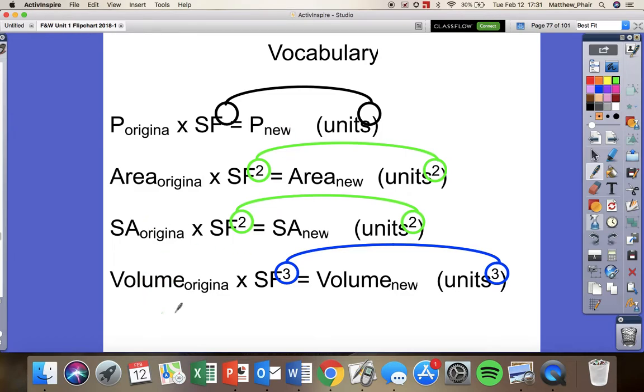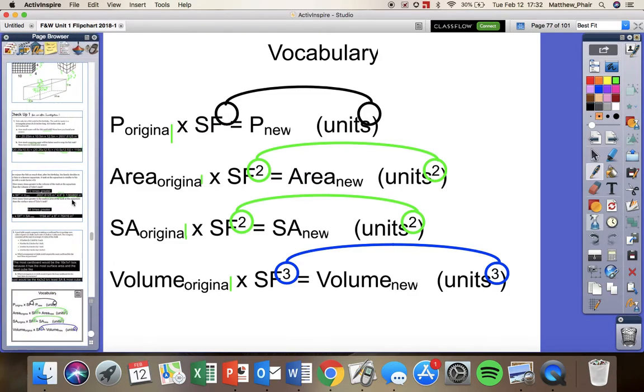Well, when we talk about volume, it's the similar idea that, I don't know why this doesn't have an L, I apologize for that. Original. When you talk about volume, it's the similar idea that volume is in cubic units, therefore my scale factor must be cubed to give me my new volume.